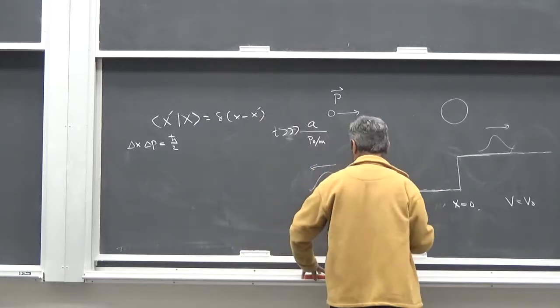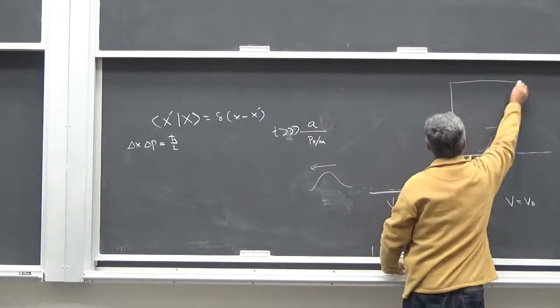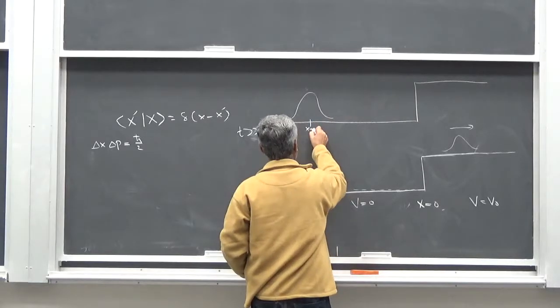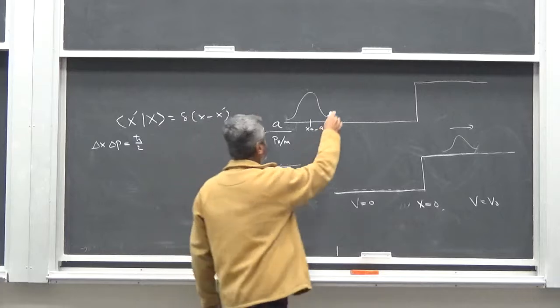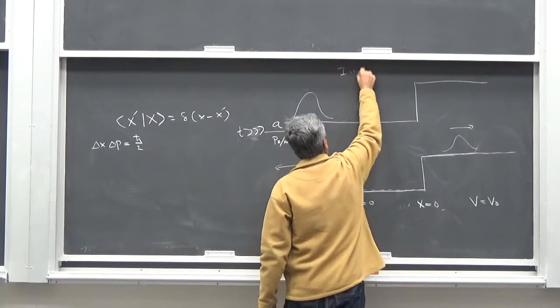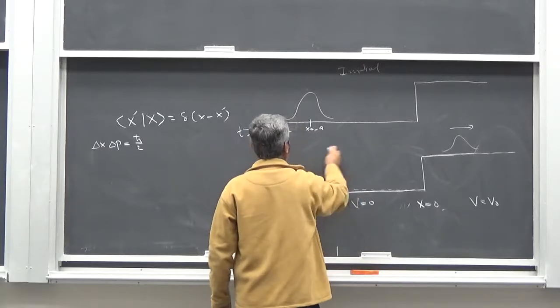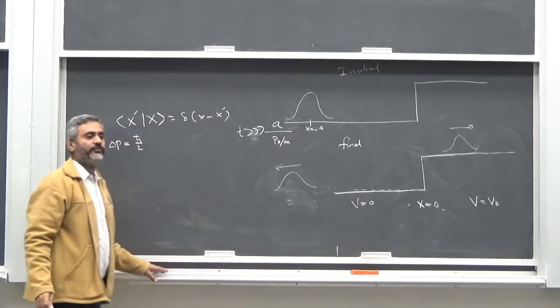So initially, again, let's take one more picture. Right? So this is the initial. This is the initial situation, and after a very long time, you can say that this is finally how it looks like as t goes to infinity.